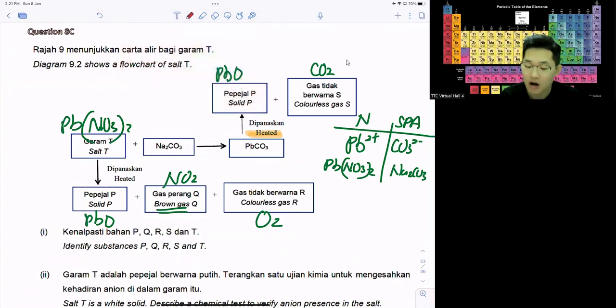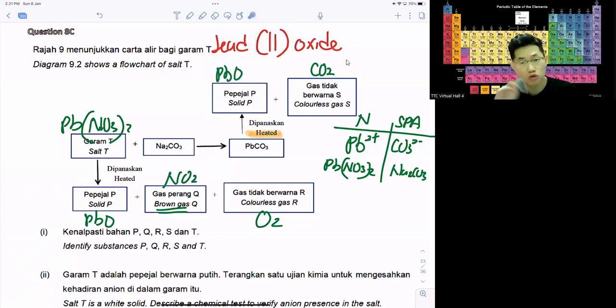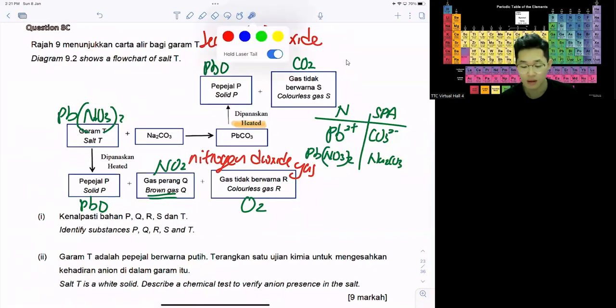The name of PbO is lead(II) oxide. Without the two, it's wrong, must have two. And then the name of NO2 is nitrogen dioxide gas. Just like that. You just list out all the things with their names, then it's fine.